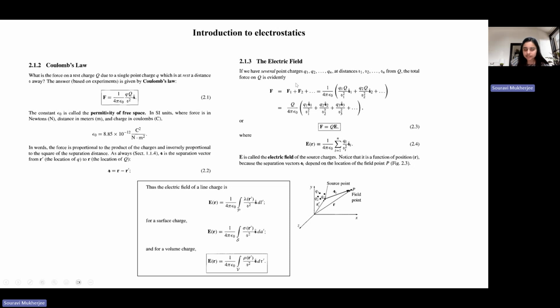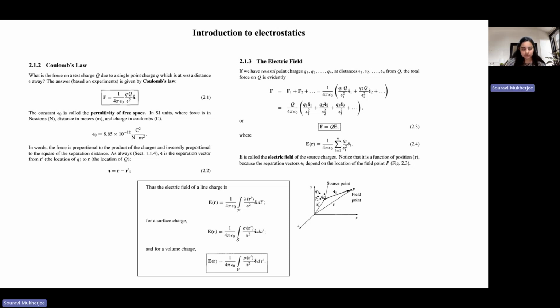And electric field does satisfy the superposition principle, so you can add the effects of all the different charges. This was the very start of our course, where we explicitly did these integrations and found the electric fields.